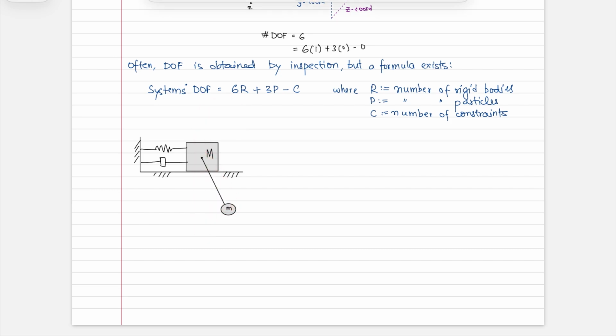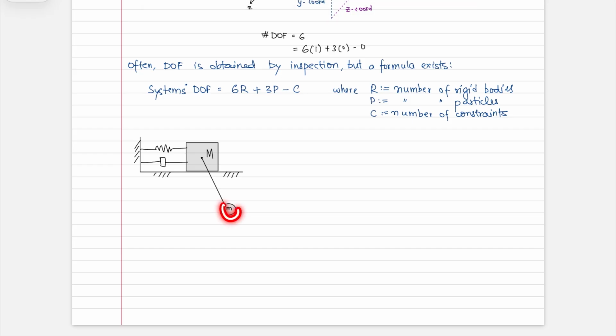Let's now try to do it by the formula. First, we don't care about the orientation of this mass. It maybe can rotate, it can have a pitch, yaw, or roll, but because this was drawn in 2D and this here is fully defined by just this x position, we can instead replace this with just a particle.